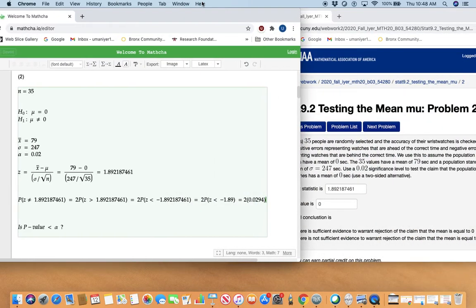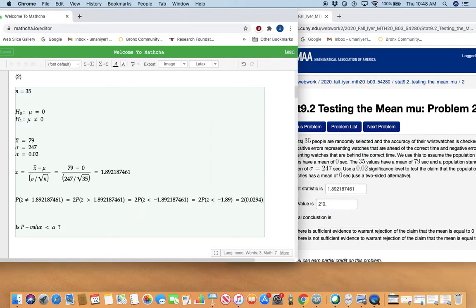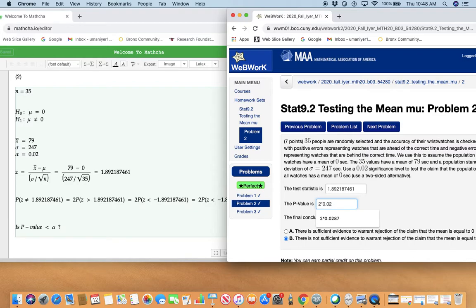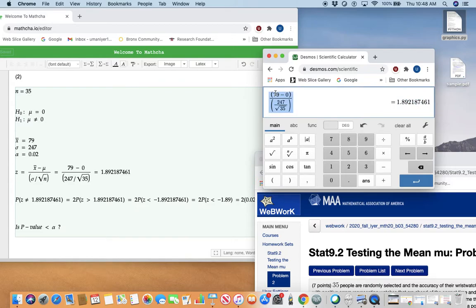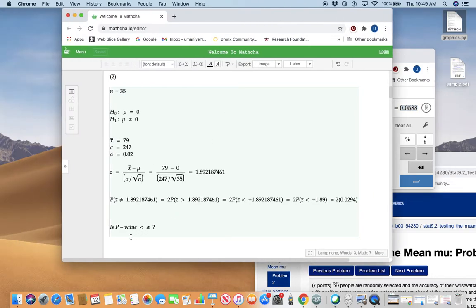Let's substitute that. 2 times 0.0294. I need to compare that p-value with alpha, so I better calculate it. 2 times 0.0294, okay, so you get 0.0588.